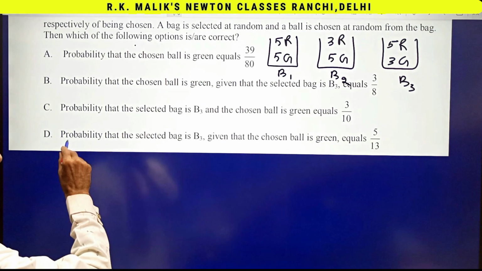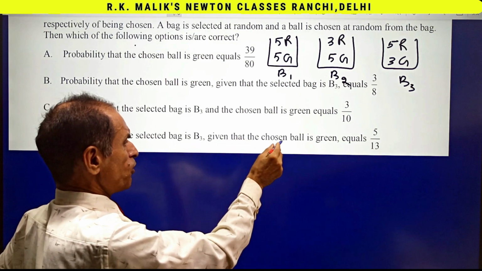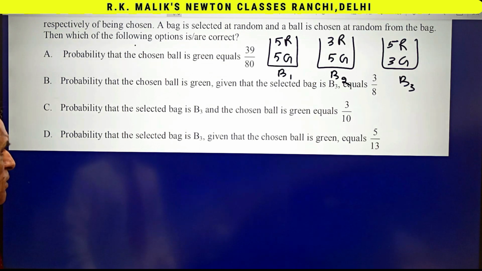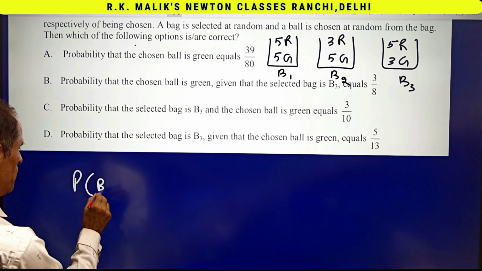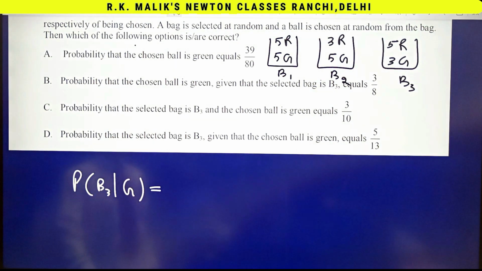Probability that the selected bag is B3 given that the chosen ball is green equals 5 by 13. To check this, we have to find the probability of B3 when G has already happened. Clearly it is a question of Bayes theorem.